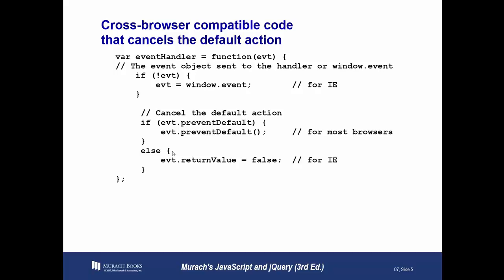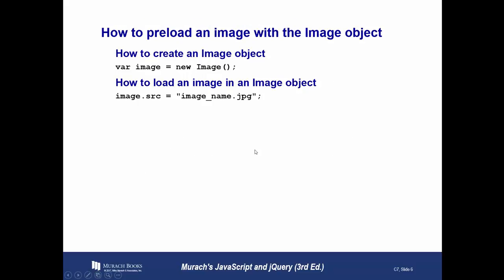When you call this, it prevents the default action from occurring. Again, older versions of IE store the event object in the global window.event property. All right. So to ensure cross-compatibility between browsers, you need to provide a way to handle both of these. Fortunate or unfortunate, but that's the way that it is.